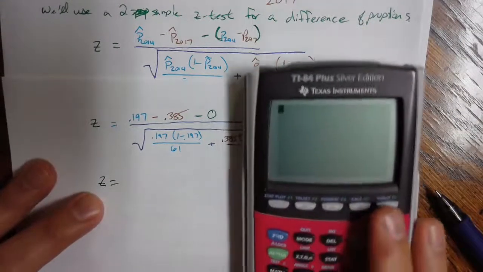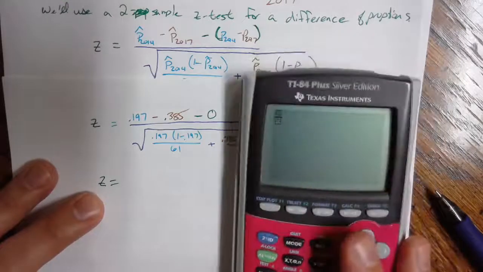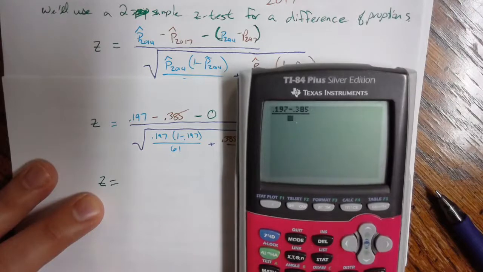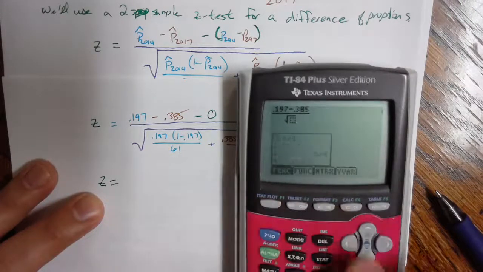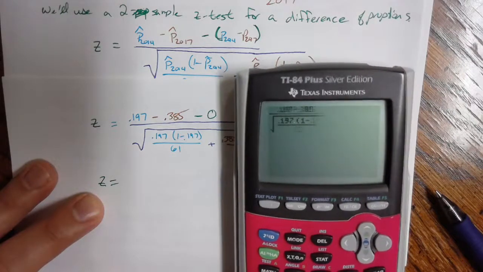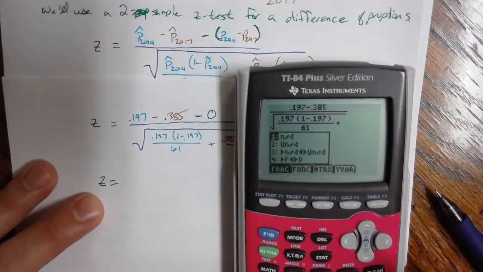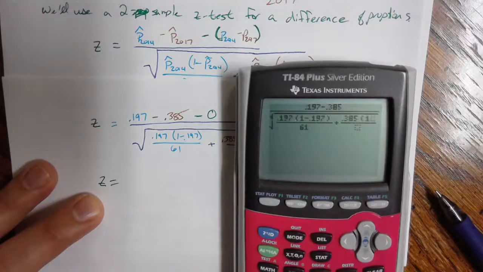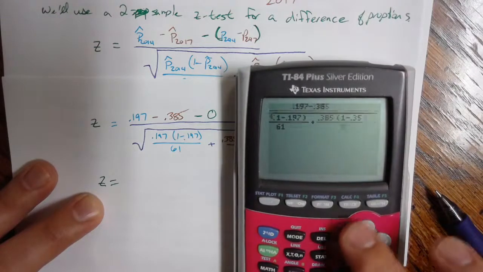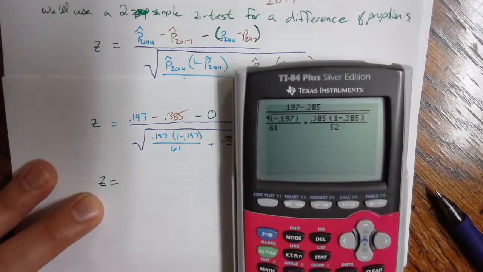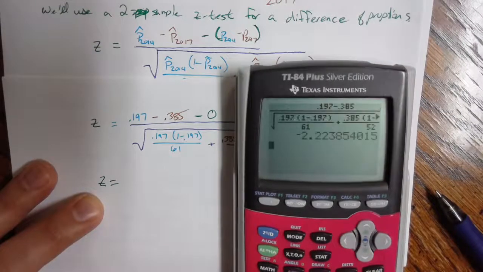So I want to make sure I use some fraction that makes it look a little nicer. 0.197 minus 0.385, square root, another fraction, 0.197, 1 minus 0.197 over 61 plus 0.385, 1 minus 0.385, oops, forgot the 8, over 52. Make sure that looks good. And I get this z-score, 2.22.